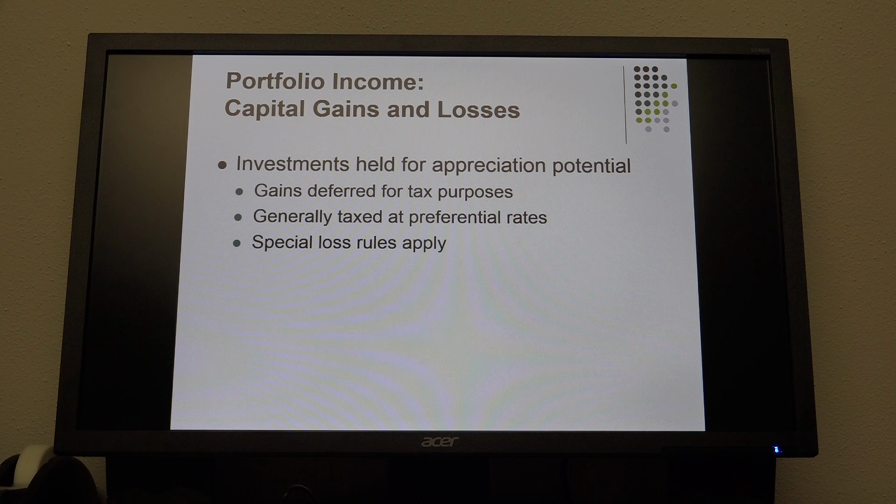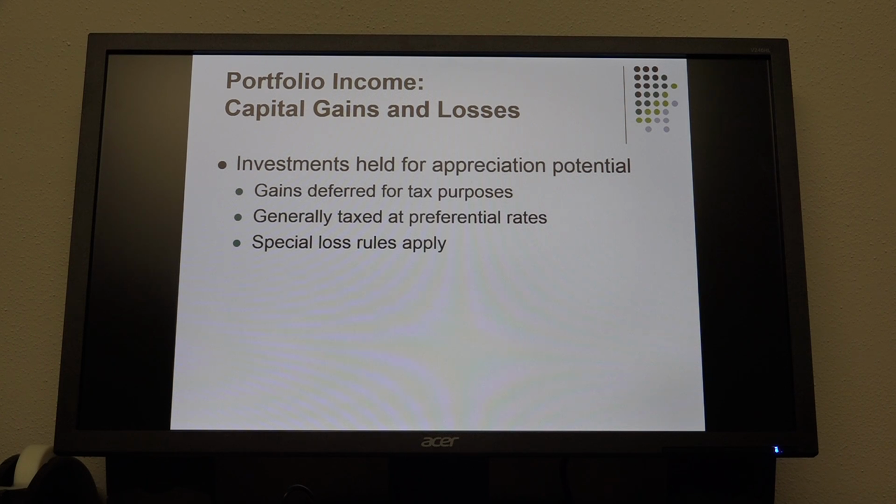But if it's another type of capital asset property and it is sold and the sale results in a net capital loss, then what individual taxpayers can do is deduct up to $3,000.